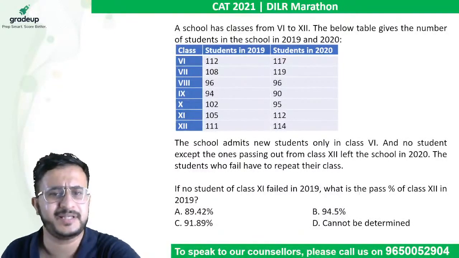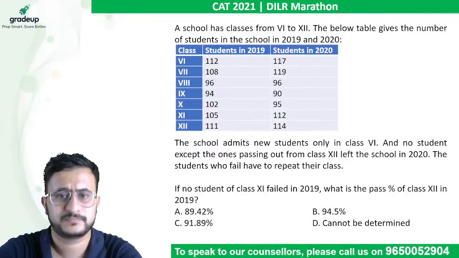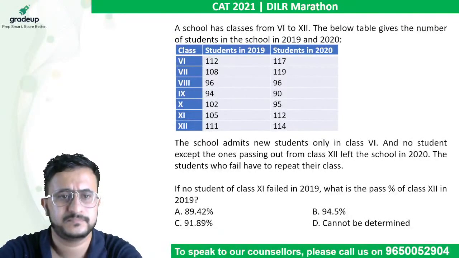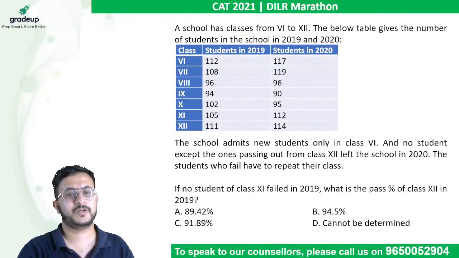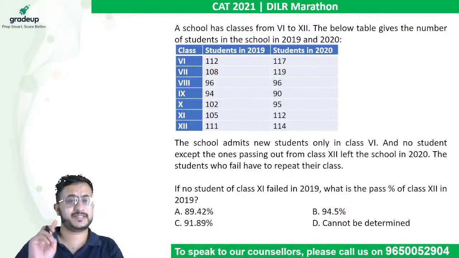Now how will you do this? Think about how you will do this. These are the type of questions that make you think. It says that admission happens only in class 6th and in no other class.